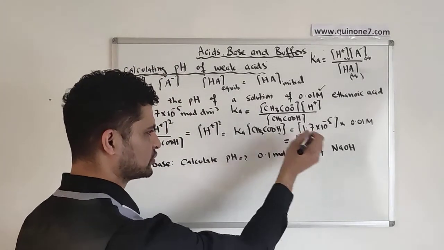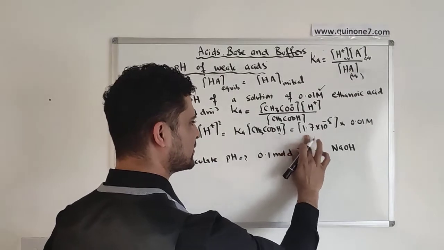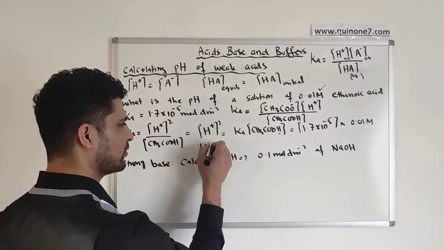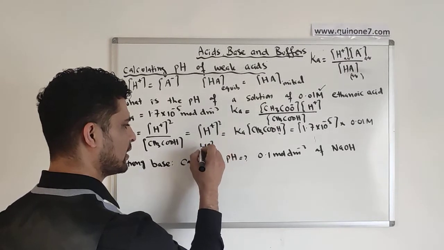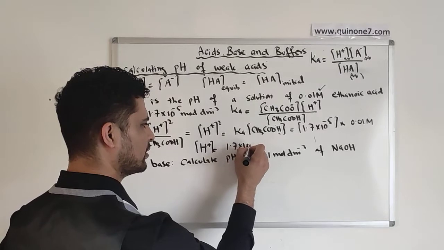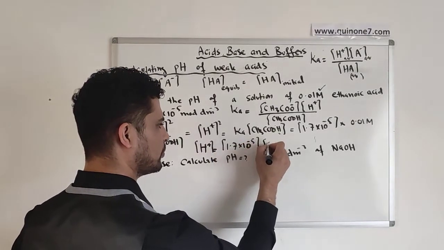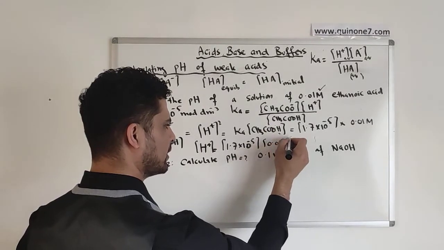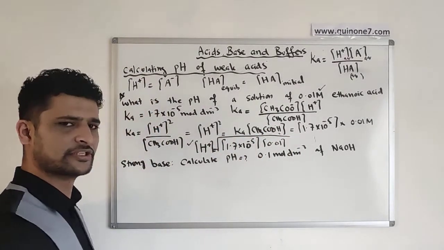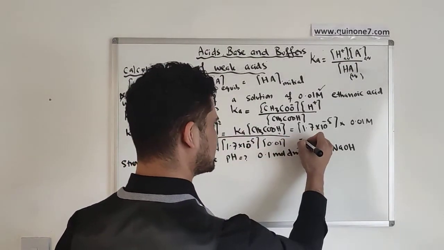Then you can solve this by taking a square root. So if I write this expression here, the H positive ion concentration is equal to the square root of 1.7 times 10 to the power minus 5 times 0.01. That will give you the concentration of the H positive ion.